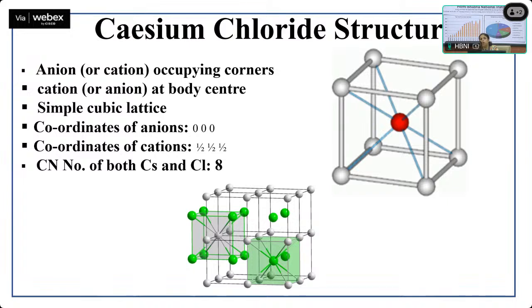Here, the atom at the corner and the atom at the body center are different. Actually, if you try to visualize, you can define it as the interpenetrating lattice of a cube of cesium and a cube of chlorine. So it's a simple, primitive cubic lattice.